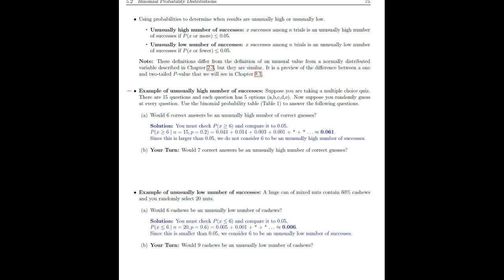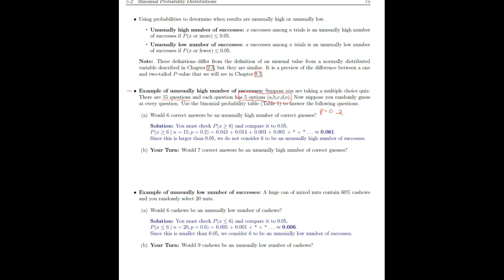First of all, I want to ask you guys a question: if this was written in some alien language, you had zero idea, no way of having any clue about any of these questions, and you had to randomly choose some choice A, B, C, D, or E for 15 of them, how many questions would you expect to get right on average? Well, the probability of getting any question right would be 1 out of 5, so 0.2.